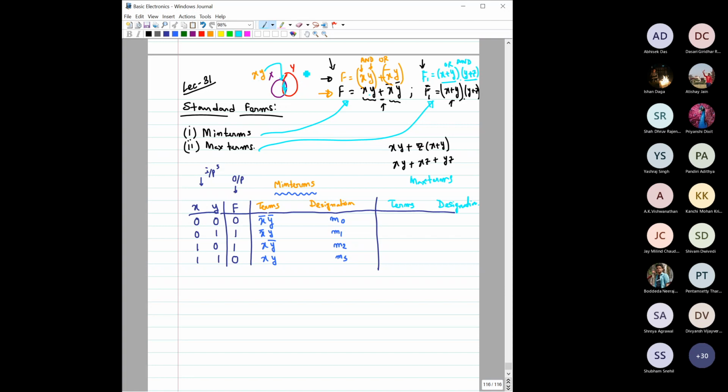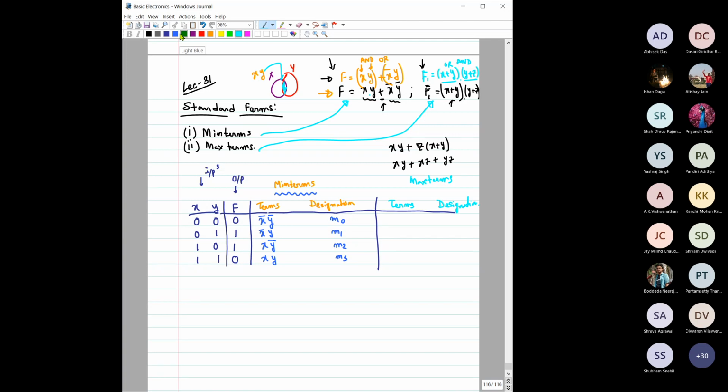So this representation is such that when you put these values in minterms, they will give you 1. For example, you put here 0, so 0 bar means 1, and y0, 0 bar is 1, so 1, 1. Similarly, try for the second term, third term, fourth term; the same thing has been used. We have to somehow bring 1 using this xy for minterms.